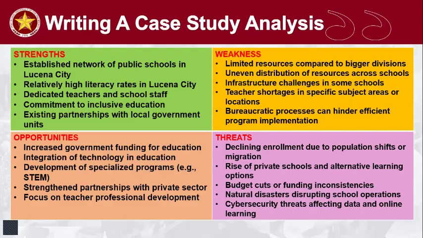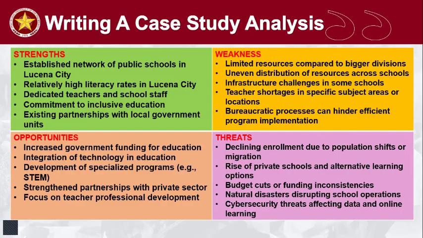And for the opportunities: increased government funding for education, integration of technology in education, development of specialized programs, like STEM, since there would be schools offering special programs like the science curriculum, the SPED curriculum, the arts and journalism curriculum.